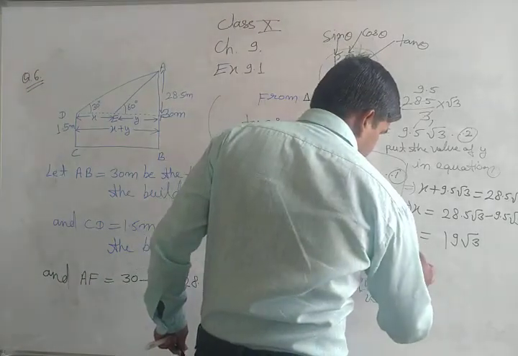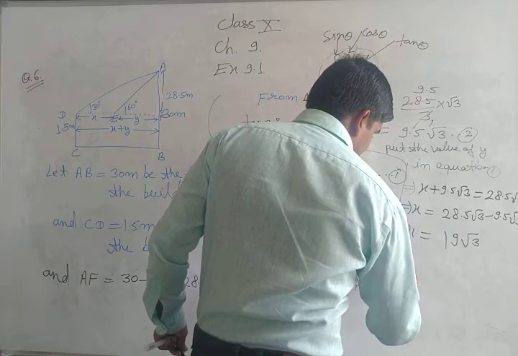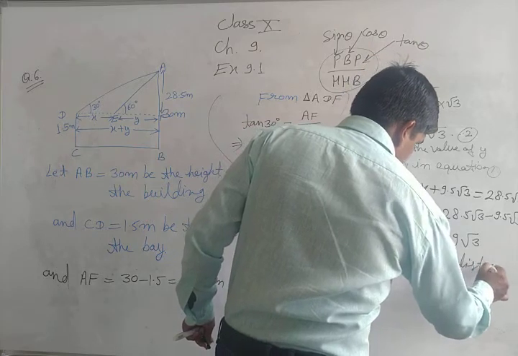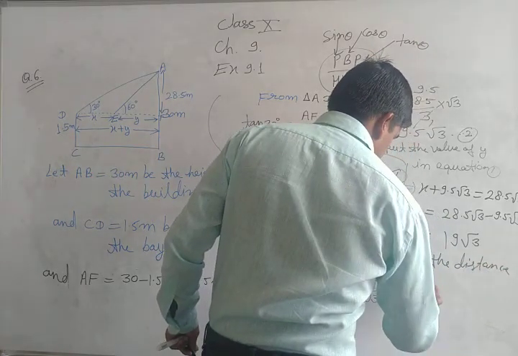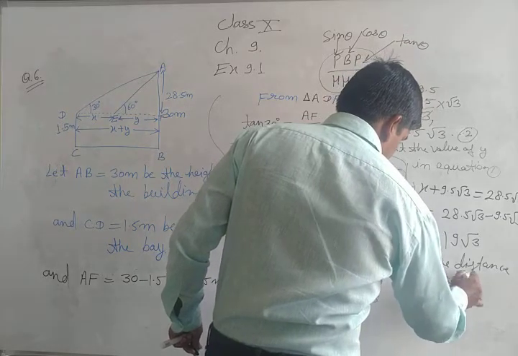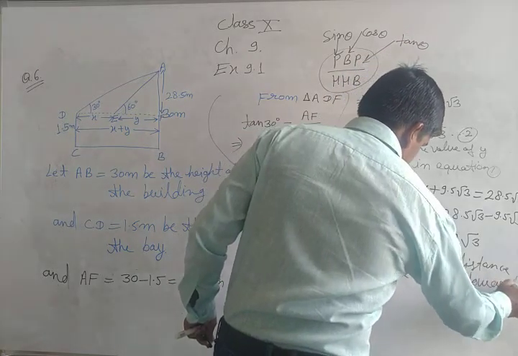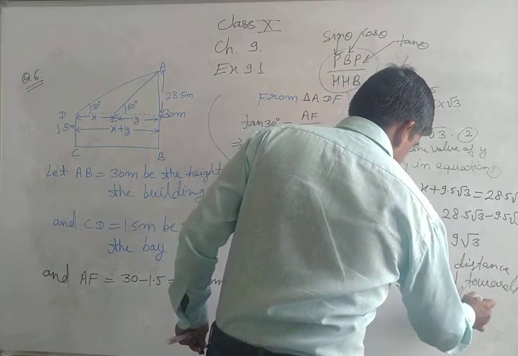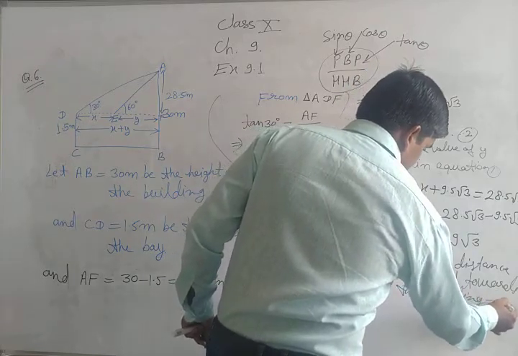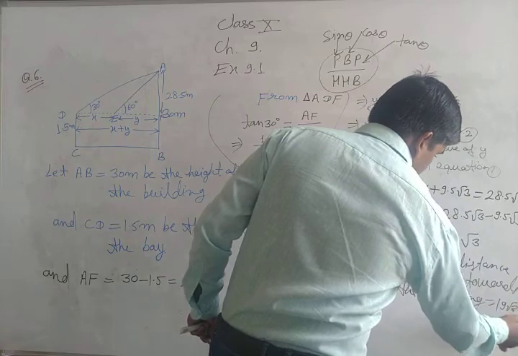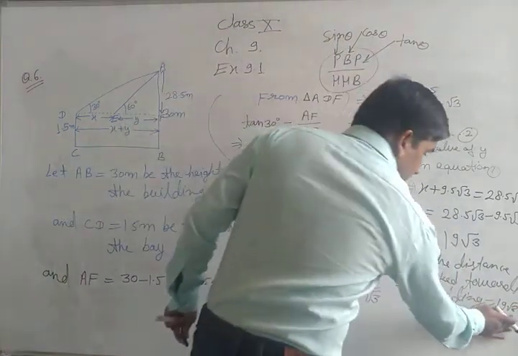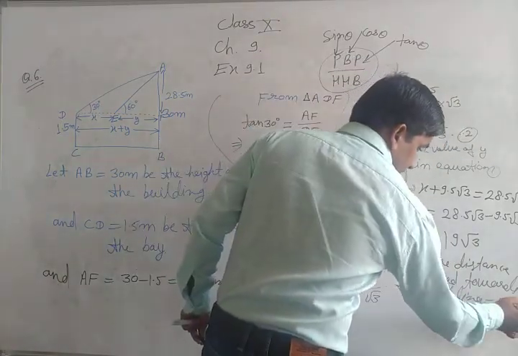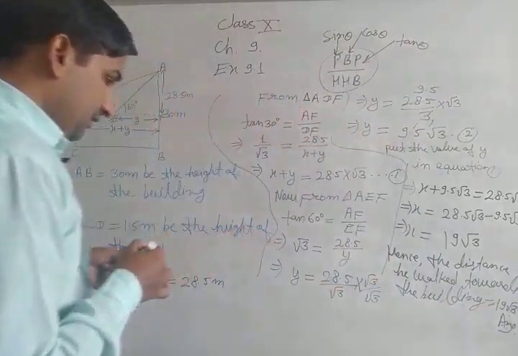Therefore, hence the distance he walked towards the building equals 19 root 3 meters, which is the answer (19√3 meter).